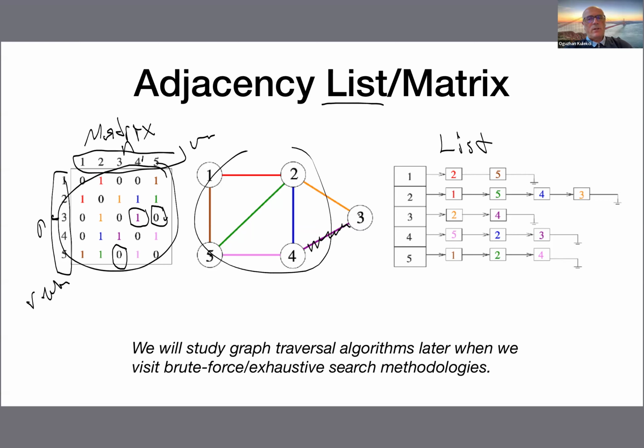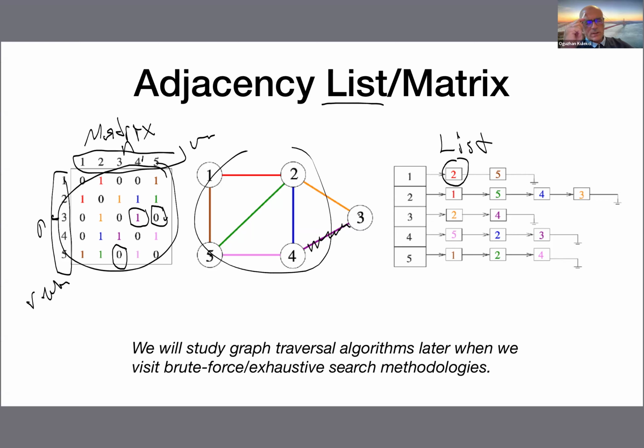One last point we need to mention: whenever we have weights on the edges, it is not much more difficult to reflect them in those data structures. Instead of zeros and ones, you can accommodate the weights in the matrix notation. And for the list, you can just put the weights with the nodes themselves.